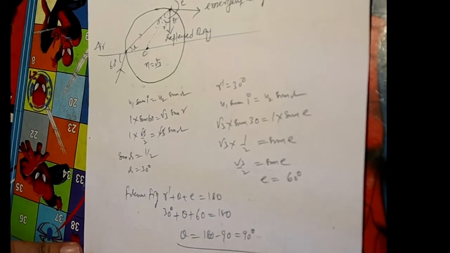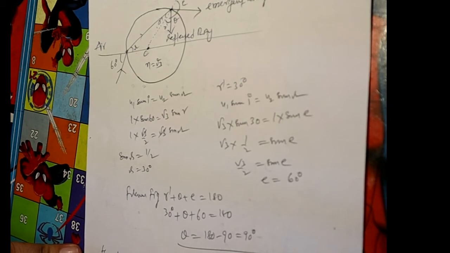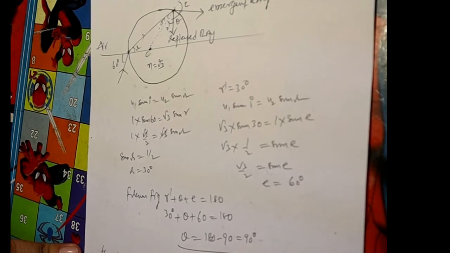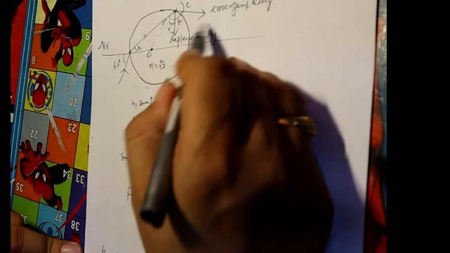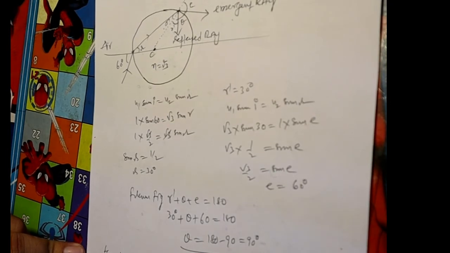The angle between refracted ray and emergent ray. This is refracted ray and this is emergent ray. Emergent ray is 90 degrees. So this is the correct option.